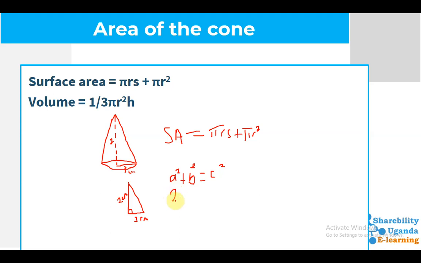This is the same as 2 squared plus 3 squared being equal to s squared, which is the slant.